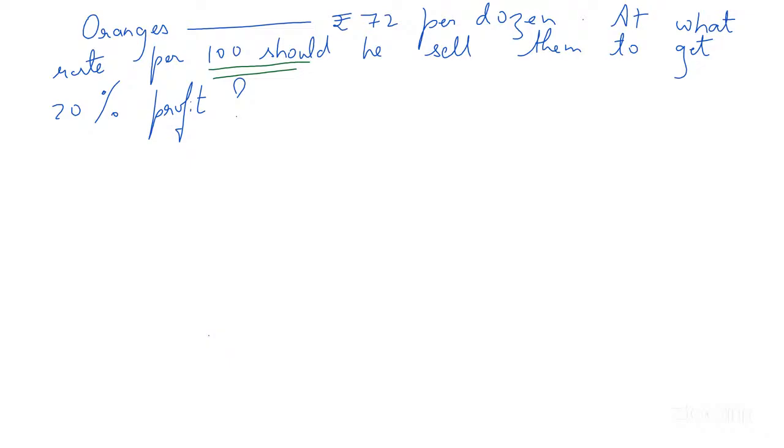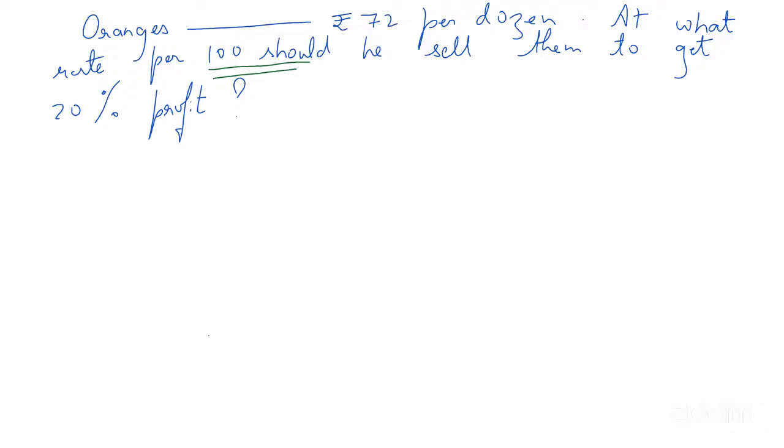Now calculate 20% profit. Calculate 20% of 600. That would be a profit. Ma'am, 120, I think. Yes, 120.